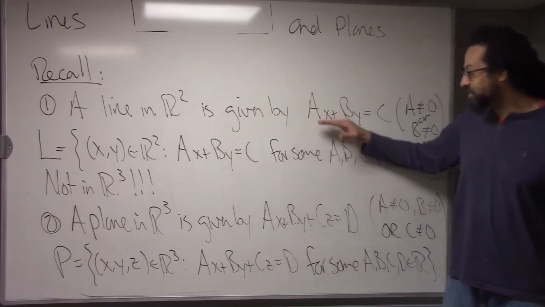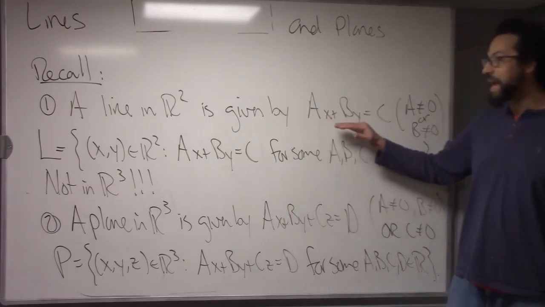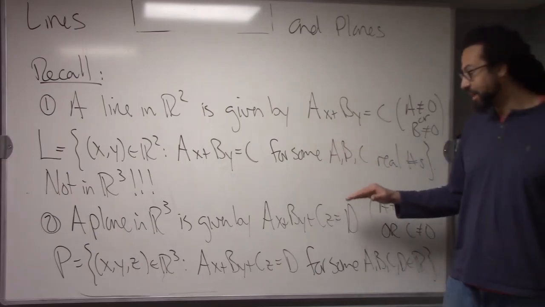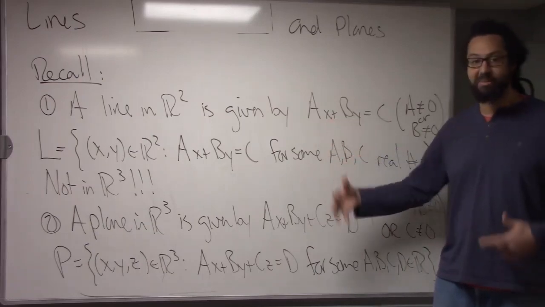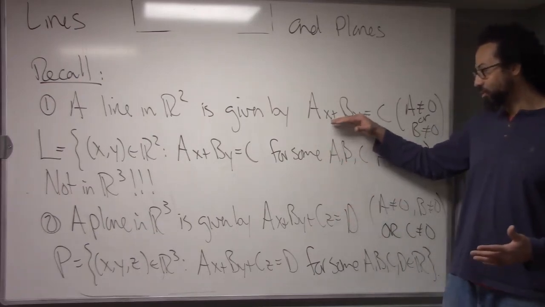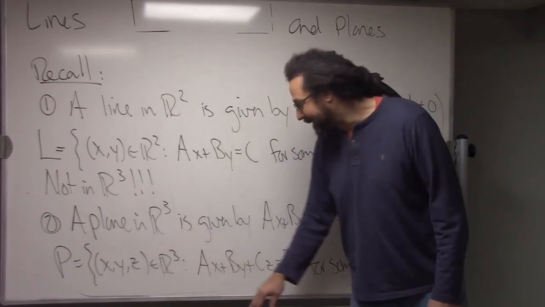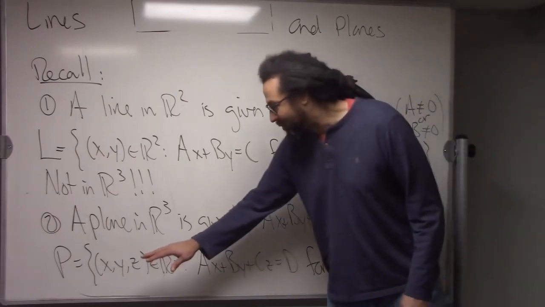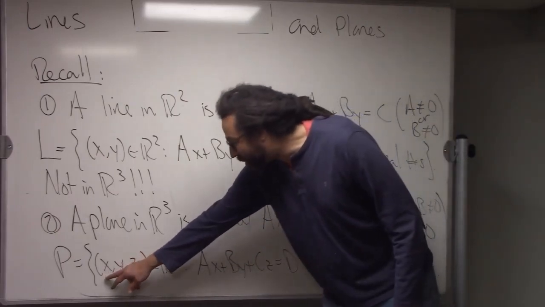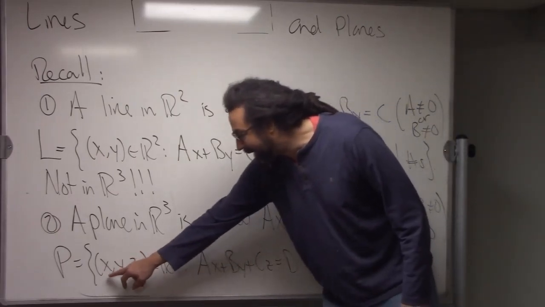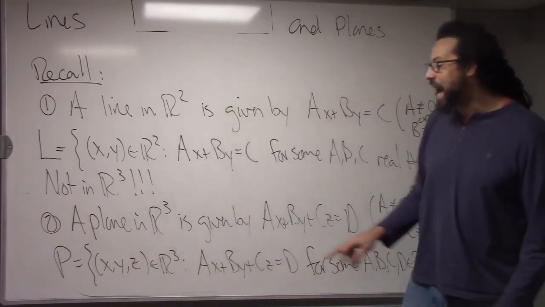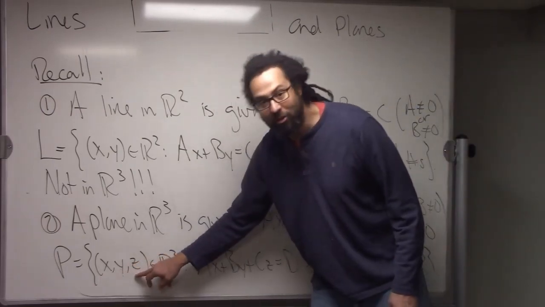These equations, it really does matter what space you live in in order to say what geometric object it represents. A plane in R3, described carefully, is the set of all ordered triples (x, y, z) in R3. And how are these three real numbers related?